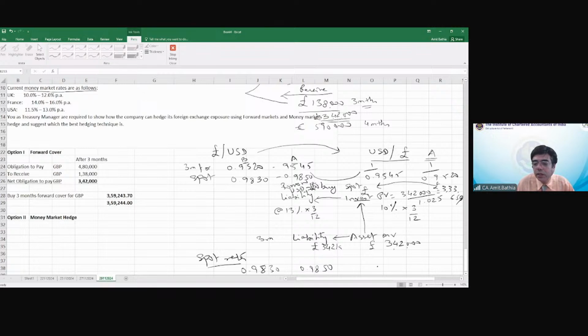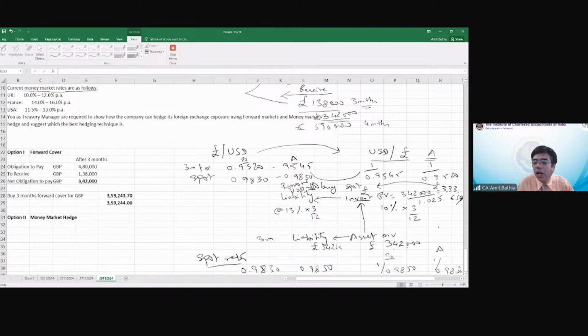So that means this will become 1 upon 0.9850 and 1 upon 0.9830. Now this is the ask rate, right? I want to buy pounds, so I buy at this particular rate. Am I right? So I want 333,659 pounds.